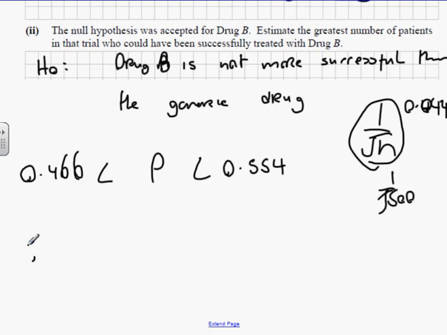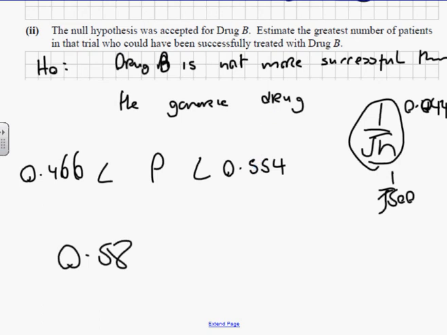If I got a score of 43%, it's clearly outside this interval. Therefore, we consider whatever drug we tested to be less effective than our original 51% drug. However, if we score a result of, let's say, 0.58, that's clearly outside this region here. So our drug B would be considered to be more successful.